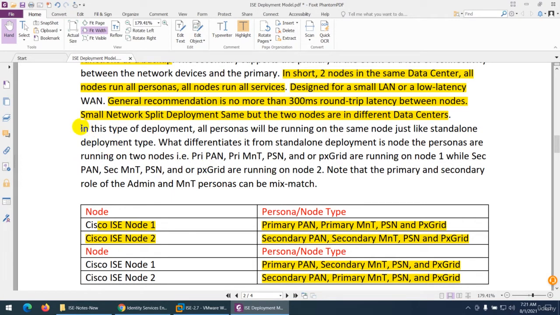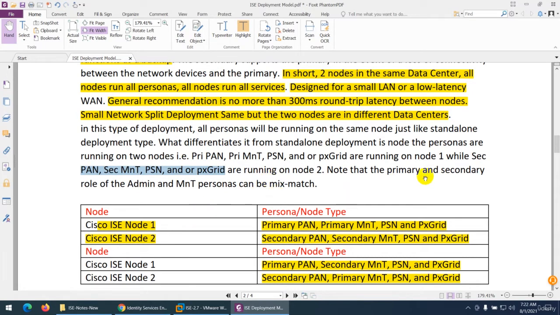So in this type of deployment, all personas run on the same node, just like a standalone box deployment. But the difference between standalone and this small deployment is that one node is primary PAN, primary MNT with PSN and pxGrid running, while another node plays secondary PAN, secondary MNT with PSN and pxGrid. So you divide the role.